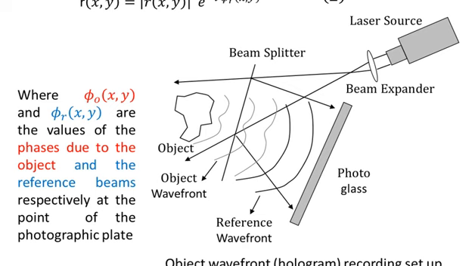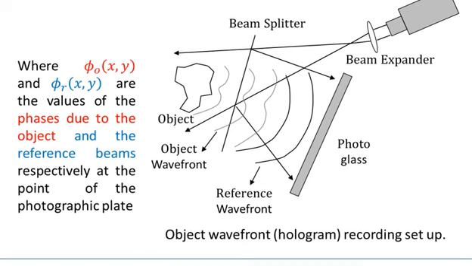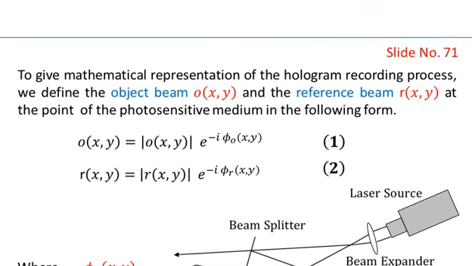These two wavefronts reach the photographic plate, or the photoglass, and they interfere together, forming an interference pattern which we call the object interferogram. So this is the basic construction method, or the procedure, by which we can construct the hologram.